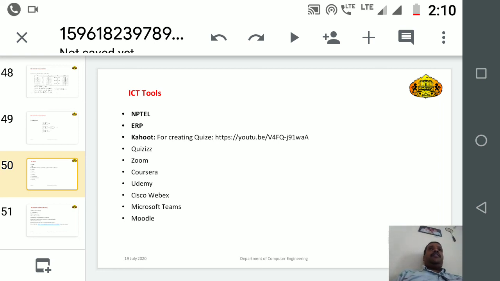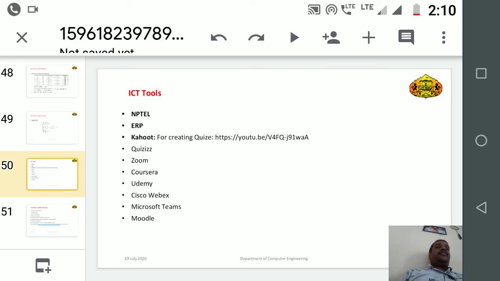So these are the ICT tools. You can see a number of video lectures on NPTEL for this first unit. Then ERP: actually in our college there is no ERP, but you can visit Google and see the ERP for this first unit. Next is creating quizzes.